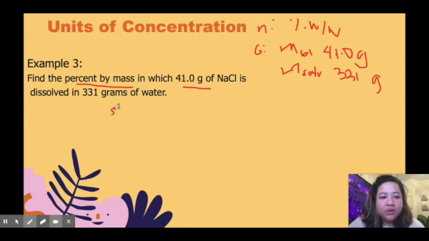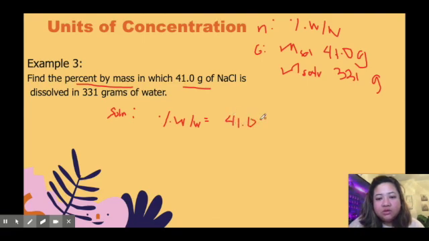So we're just going to plug that in, or substitute. So percent by weight, or percent by mass, is equal to 41.0 grams over 331.